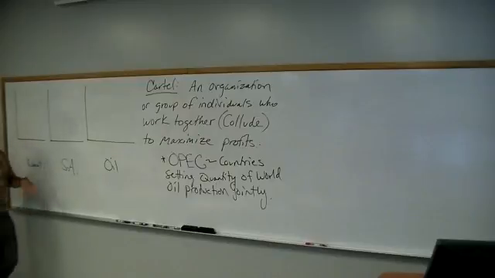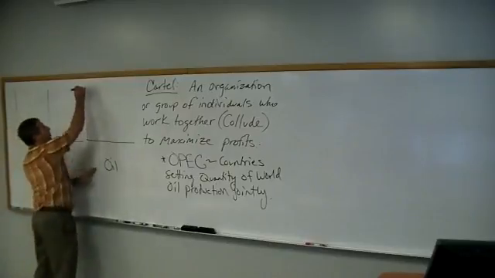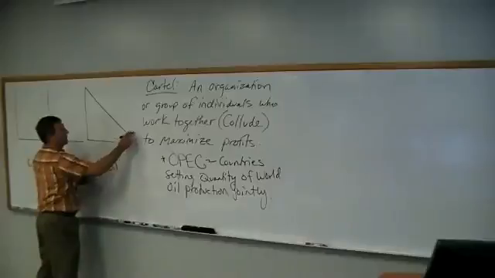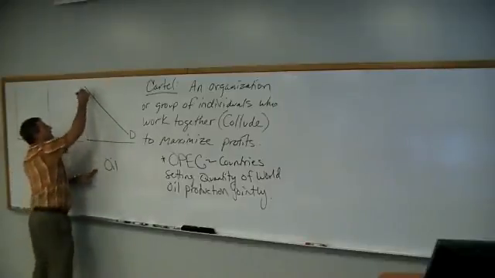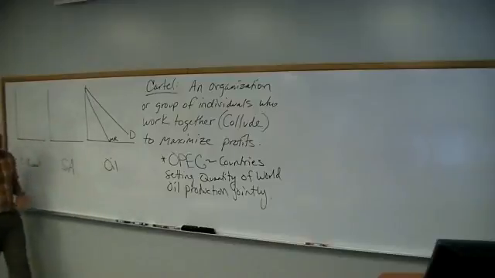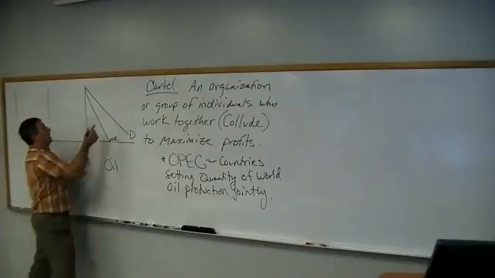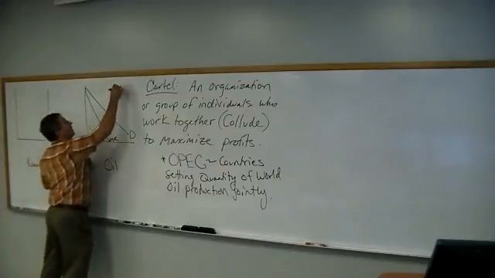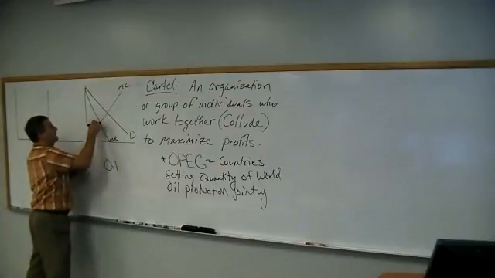All right, and so the idea here is that on the world market, they're going to act like a monopoly. And so we've got our demand, our marginal revenue, and our marginal revenue equals marginal cost here.